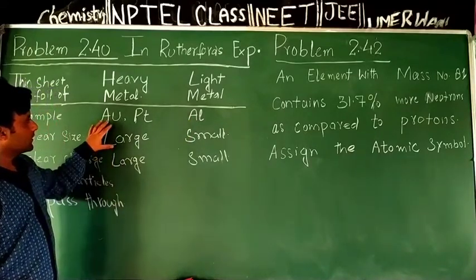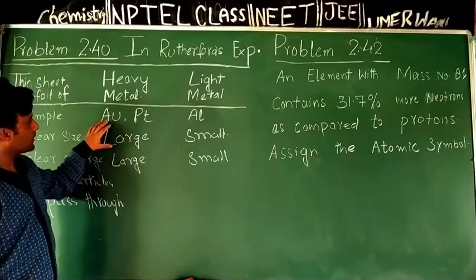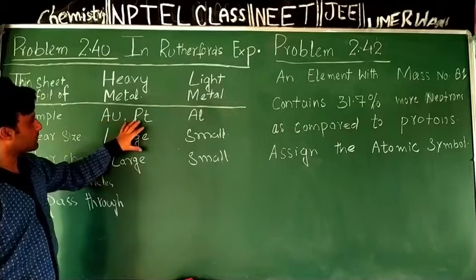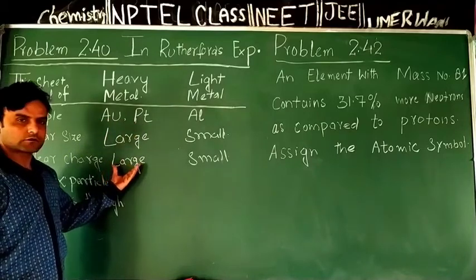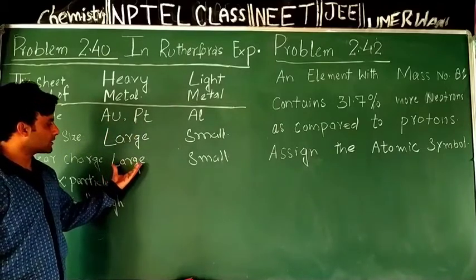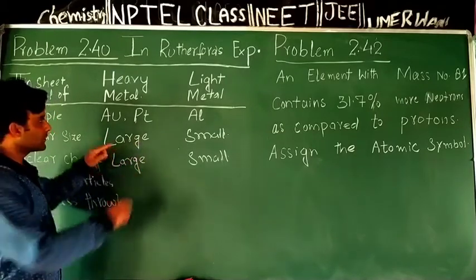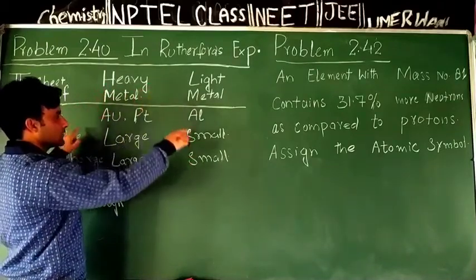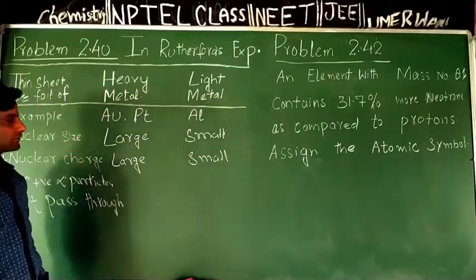Look, realize a picture that in atom of gold or platinum, the nucleus, a heavy positively charged body, is of large size. Heavy positively charged body at center that we call nucleus is of large size.